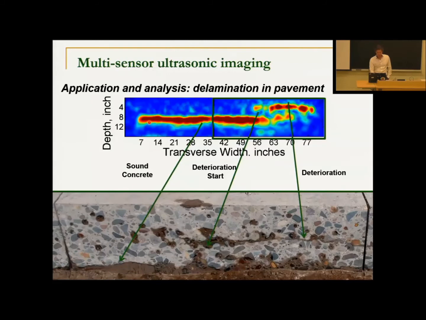Here it says it's a depth image, so depth and lateral dimension. It's like this cross-section that we're looking at here. And we see that, aha, there is a thickness for a while of about 8 inches. Sorry, this is in American English units here, about 8 inches.